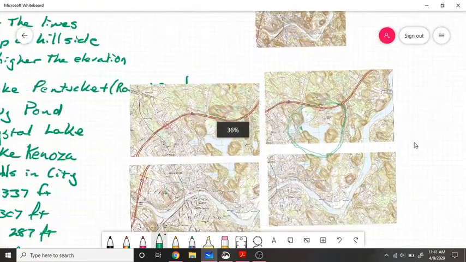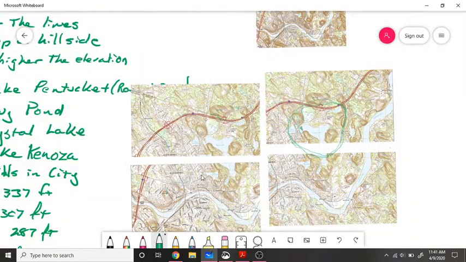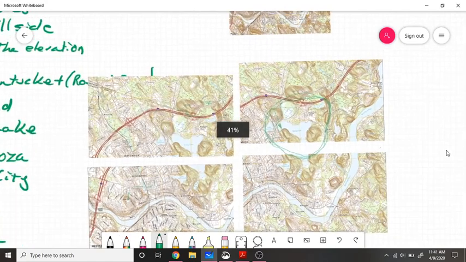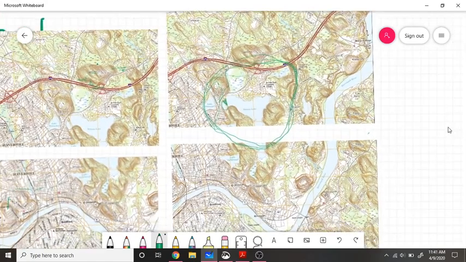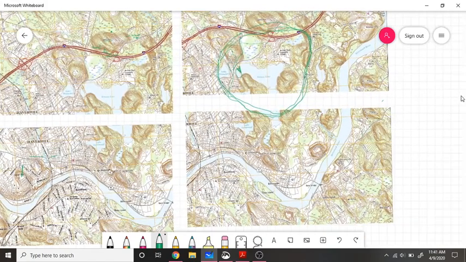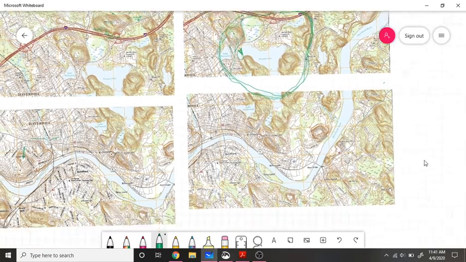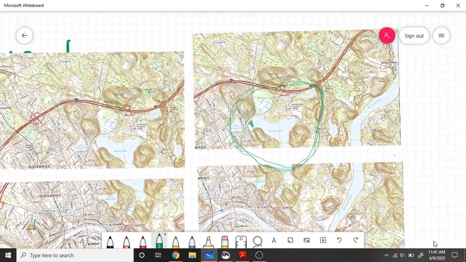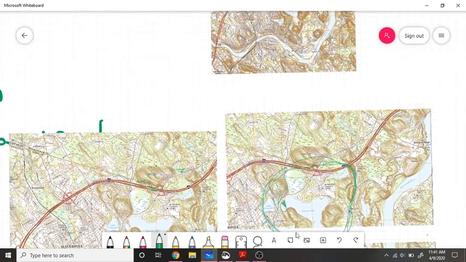And maybe the next time you have the opportunity to be zipping around town, you'll look at those drumlins and other features with a different set of eyes that now understand our local geology.